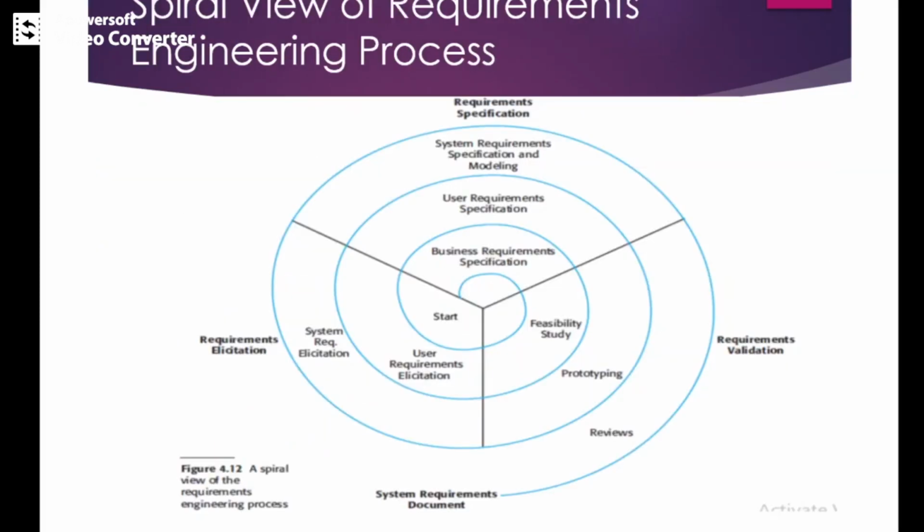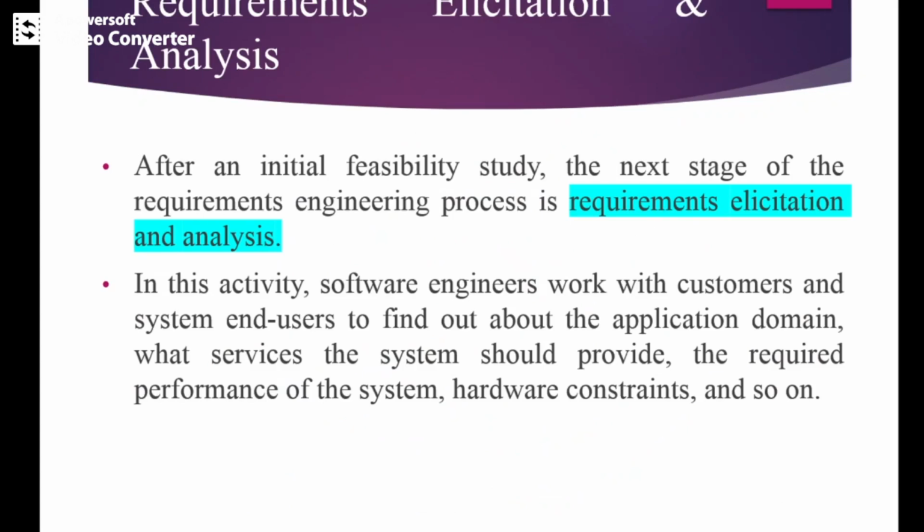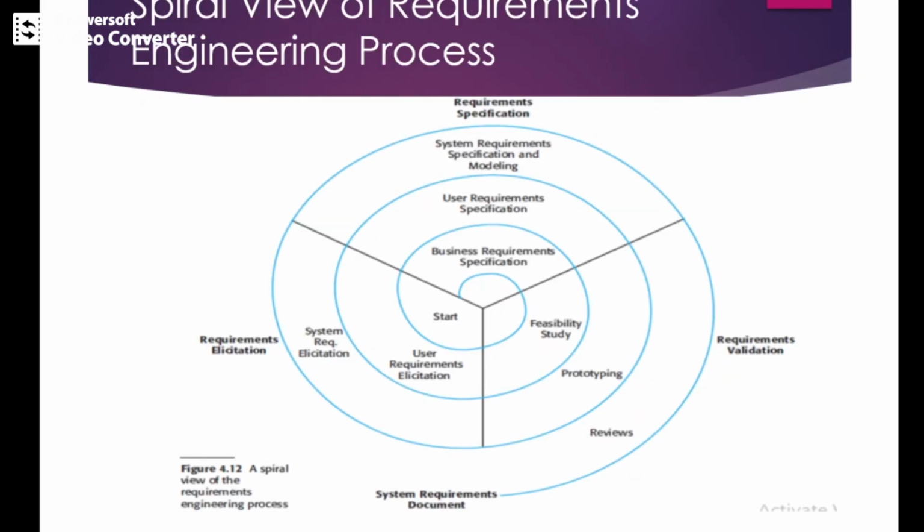Now we'll see the spiral view of the requirements engineering process. So this is actually the spiral view. Requirements engineering is an iterative process in which the activities are interleaved.